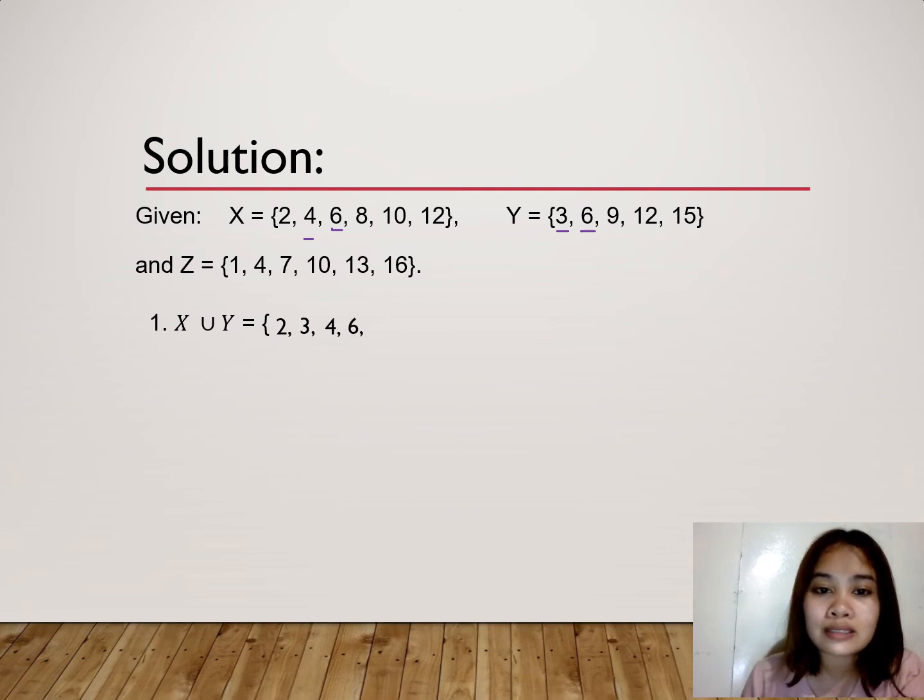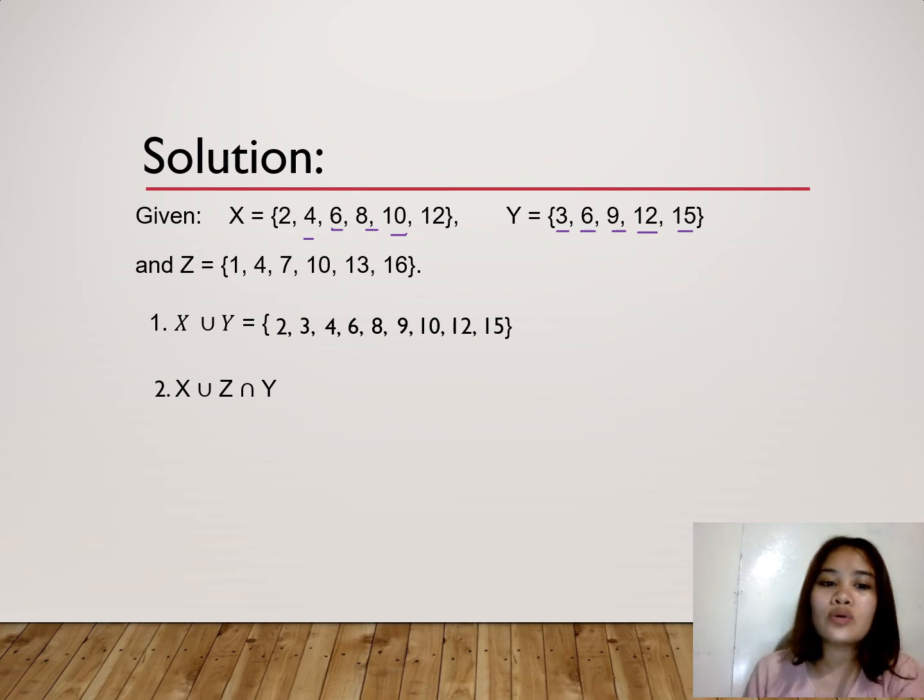So, we will just write 6. And then, we have 8. Then, 9. And then, 10. So, we also have 12. And then 15. Okay, so mao na atong X union Y. So these are the elements.